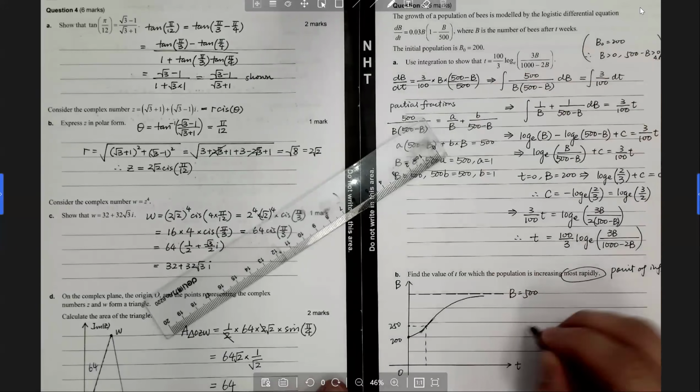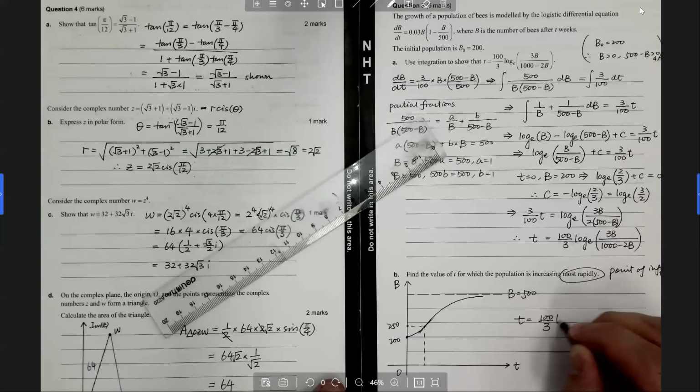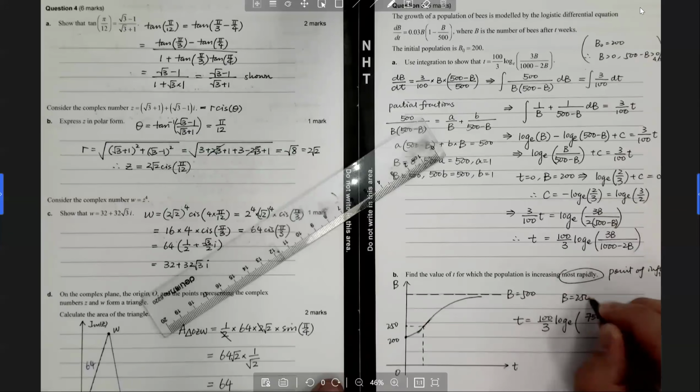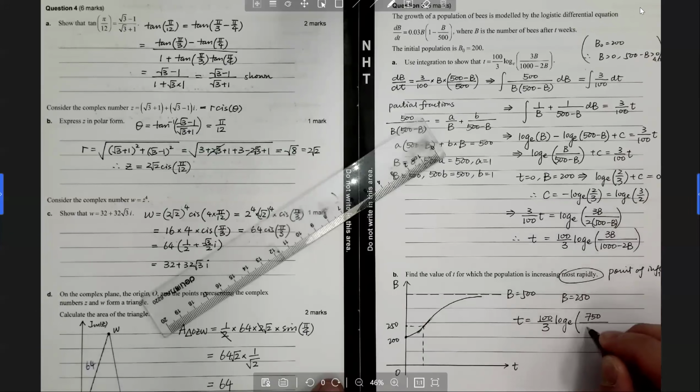And then my t is just 100/3 log_e of 750, sub B equals 250, 750 divided by (1000 minus 500). That is 500.